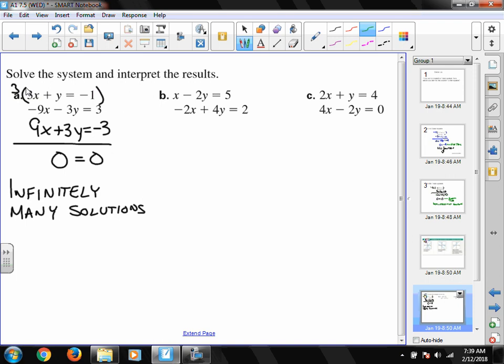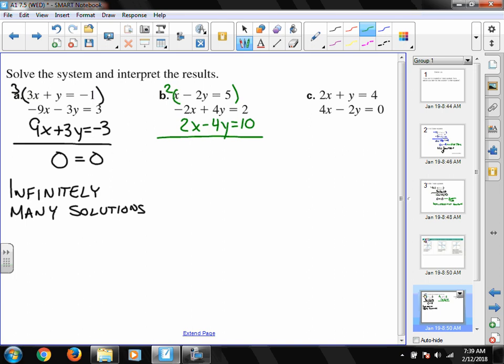Then if I look at B, I already have opposite signs in my x's, and you can do this with y's. I just look at x's. They seem to be easy today to make match up. I multiply that by 2, so I get 2x minus 4y equals 10.